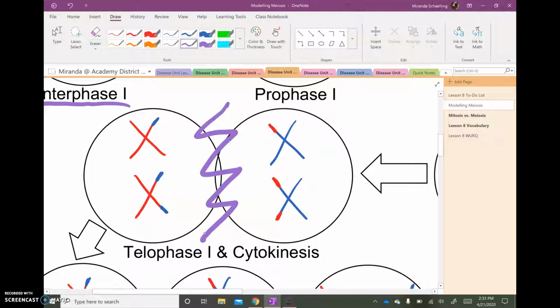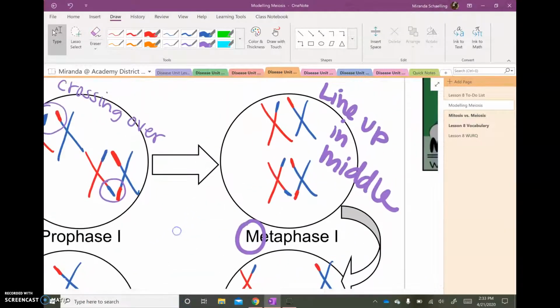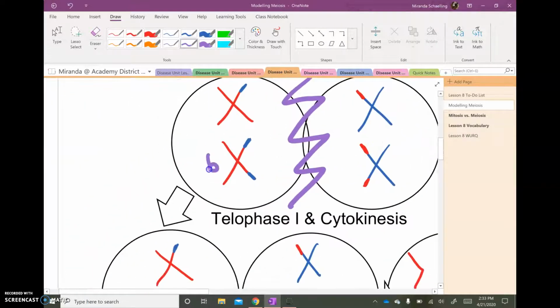Now, an important thing to remember here is that up over here in metaphase, if we would have switcherooed these guys around, so we would have had a blue and red, then over here it would be blue over here and red over here. So order doesn't matter as far as the telophase. It's just a matter of whatever happens in metaphase. So whatever happens in metaphase is going to determine how the cells split.